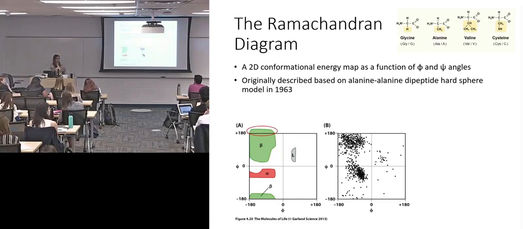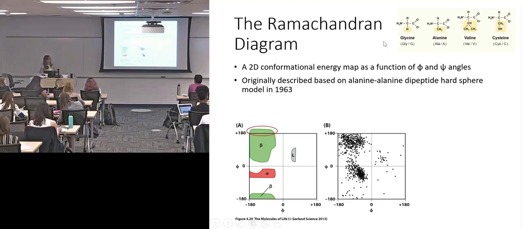Okay, glycine is not chiral. That is true. Other special things about glycine? Right. Perfect. So glycine is super flexible. It just has this tiny H, okay? And so glycine is actually a little bit more flexible in what angles it could possibly be in, okay?